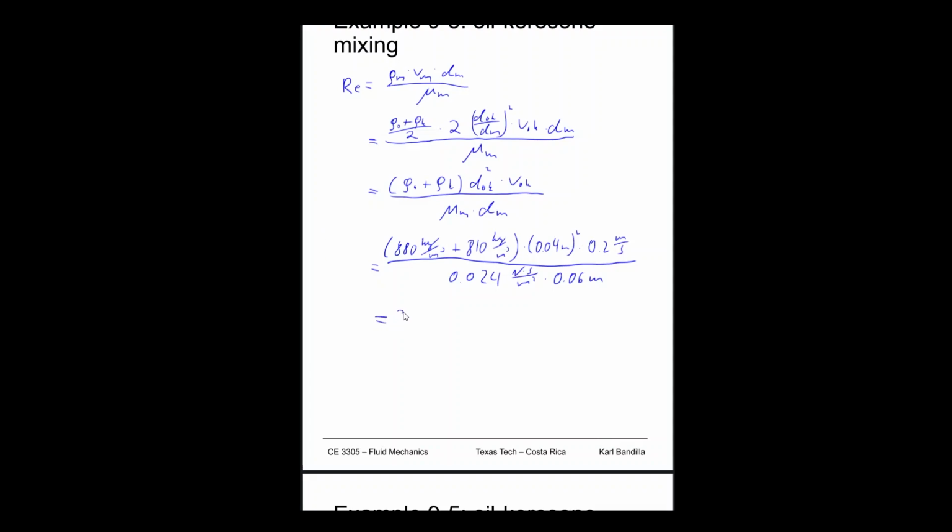All right, we plug all that in. We get 375.55, which is of course less than 2,300, which means we have laminar flow, which means we have no mixing.